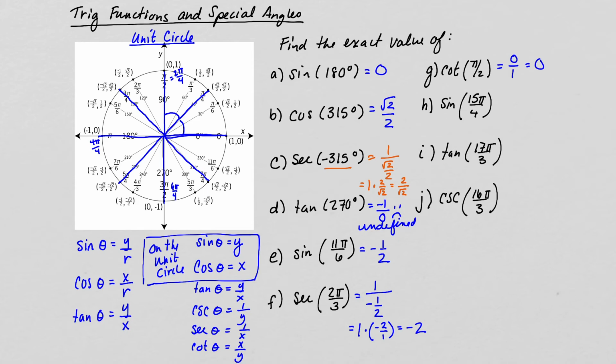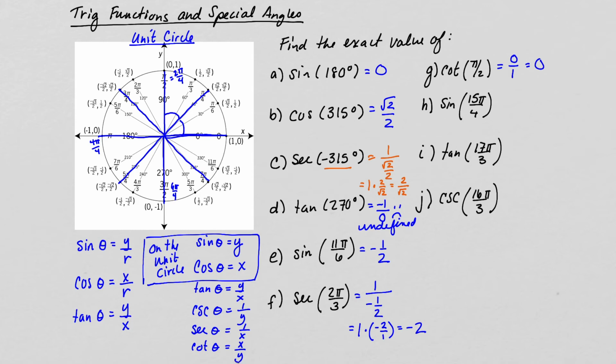So I'm looking for 15 pi over 4. All I have to do is count off 15 of these spikes. So 1, 2, 3, 4, 5, 6, 7, 8, 9, 10, 11, 12, 13, 14, 15. So 15 pi over 4 brings me to the same place as 3 pi over 2. Okay, wait a minute.